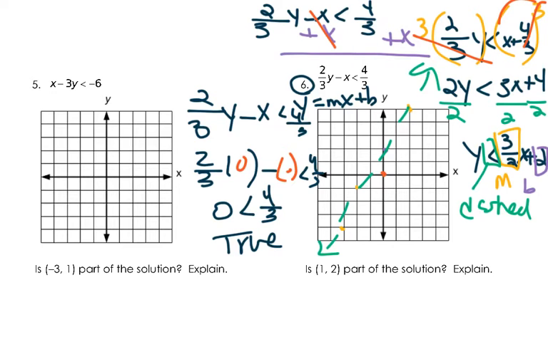So that means I'm going to shade towards that line. So when I shade, I'm shading this area right here. Again, I'm getting close to the line, but I'm actually not touching it.